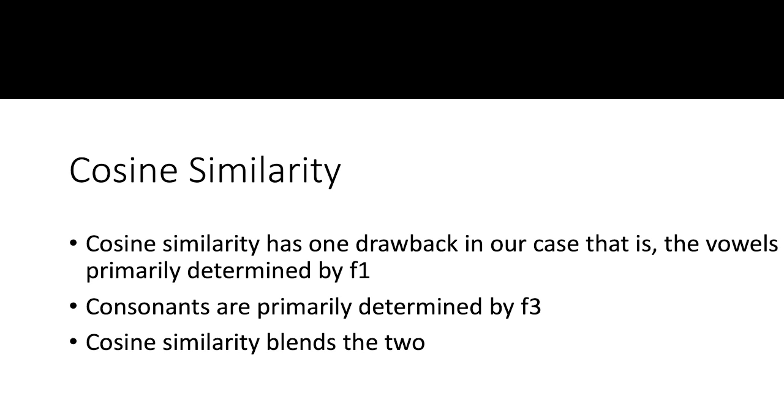Again, it has a drawback that those are primarily determined by F1. However, it's an all-encompassing solution and it works okay. There's still a lot of room for improvement, but this is my first time ever doing this, having known nothing about linguistics, so I'm okay with that.